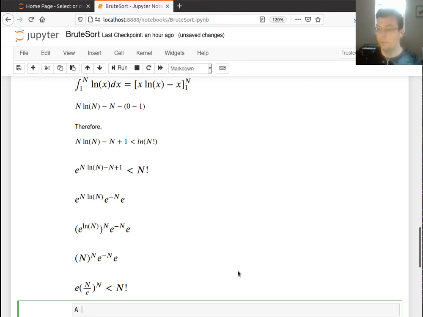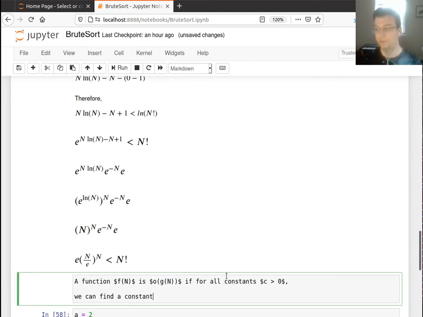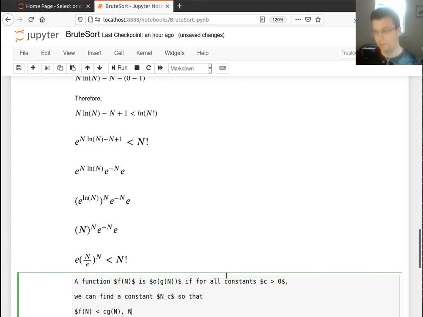A function f of n is little o of a function g of n, so is upper bounded strictly by g of n, if for all constants c greater than 0, we can find a constant n sub c so that f of n is less than that constant times g of n for all n greater than n sub c.